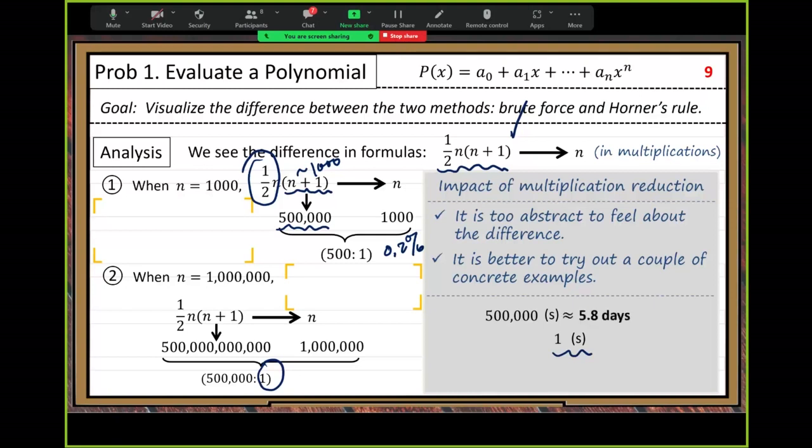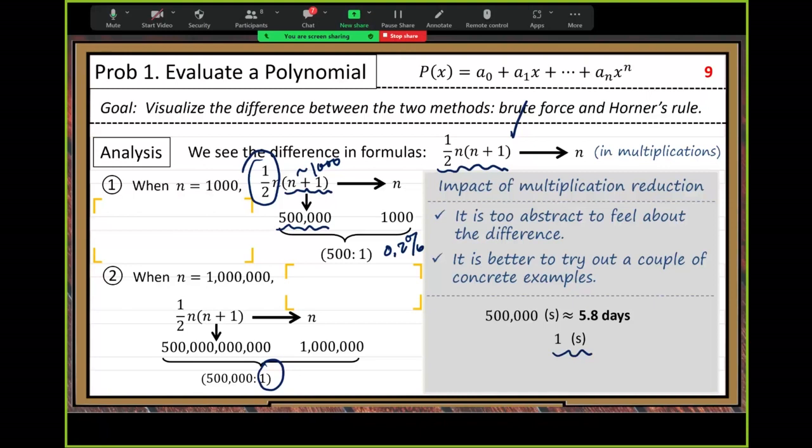I convert it to number of days: 5.8 days. 5.8 days, that long. Is that difference very big? 5.8 days versus 1 second. That's the difference.